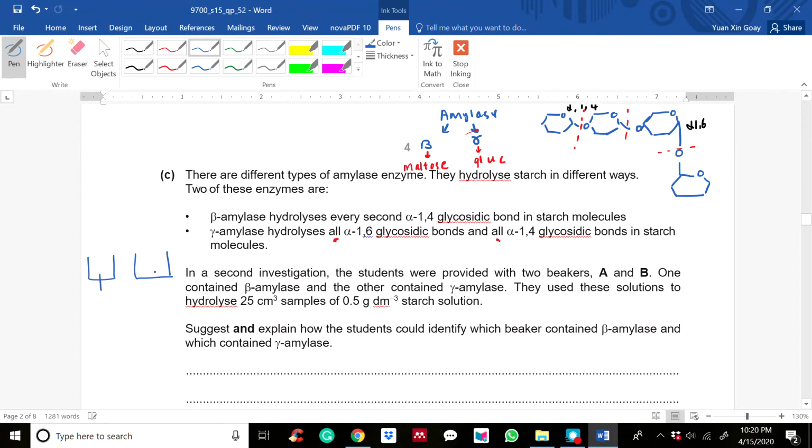In one beaker they put beta amylase, whereas in this beaker they put gamma amylase.